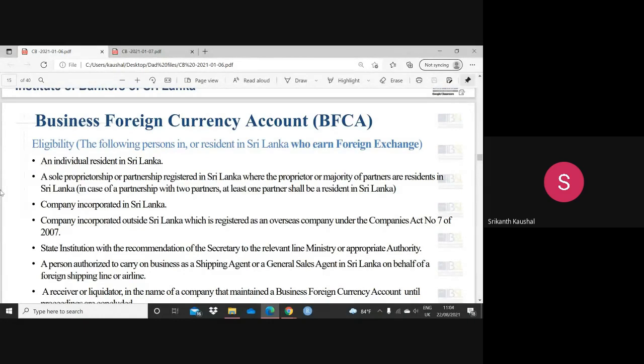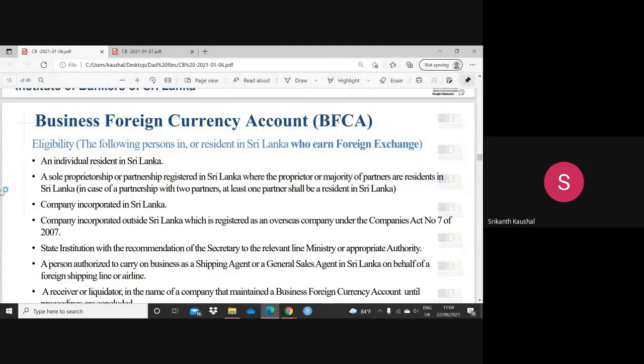Then company incorporated outside Sri Lanka, which is registered as an overseas company under the Company Act. Let's say Lanka IOC. Their IOC is an Indian oil company. But they come into Sri Lanka, they started a business and registered Lanka IOC.